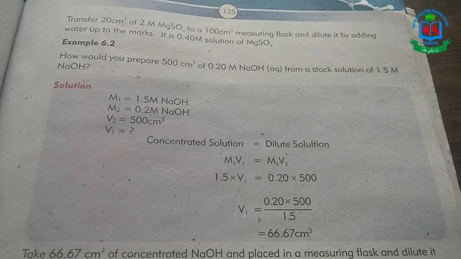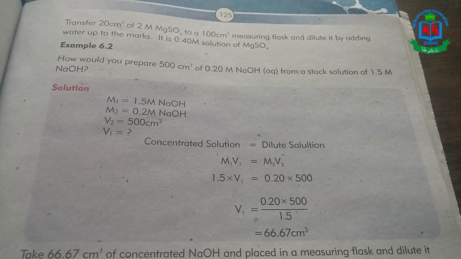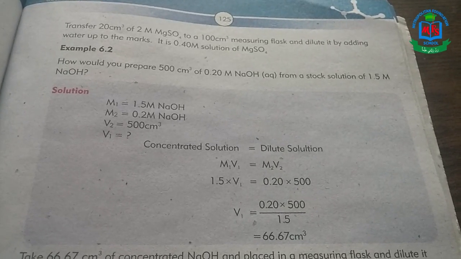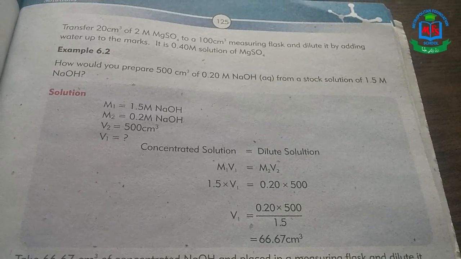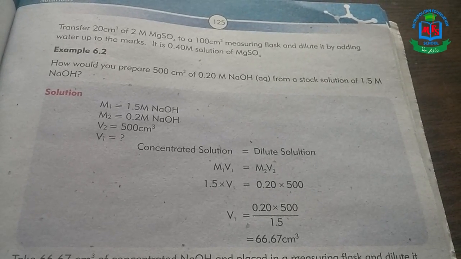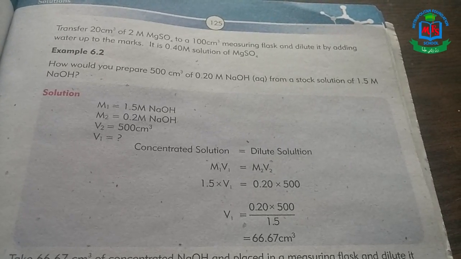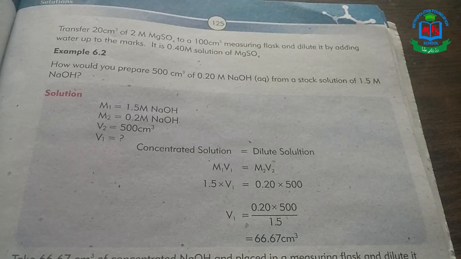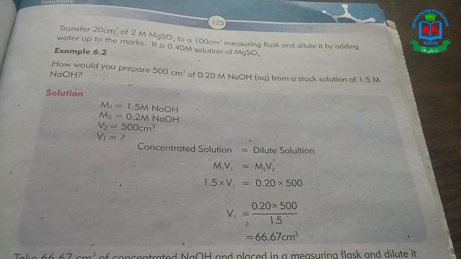The first value is 1.5, and it is represented by M1. The second value is 0.20 molar sodium hydroxide, and it is represented by M2. The next value is 500 cm cube, which is the volume, and it is represented by V2.